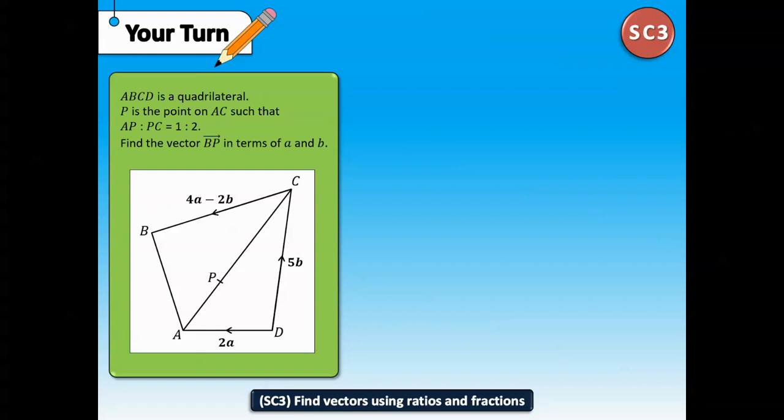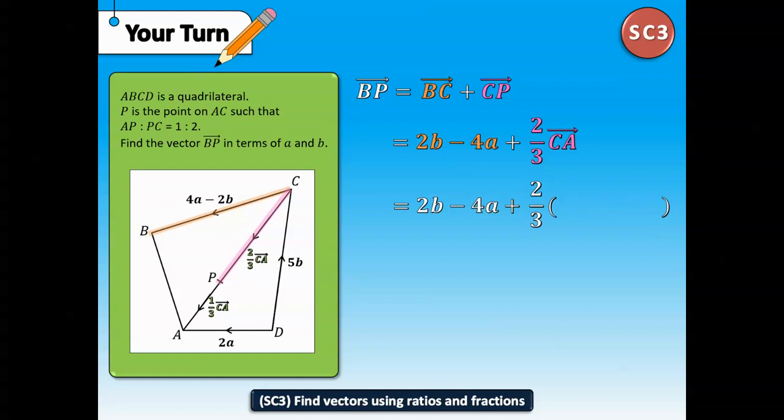So for the green question, we want to go from B to P. So C to P is 2/3 of C to A, and P to A is 1/3 of C to A. So to go from B to P, we can go from B to C, then from C to P. So B to C is 2B minus 4A, and C to P is 2/3 of C to A. Now C to A is minus 5B plus 2A.